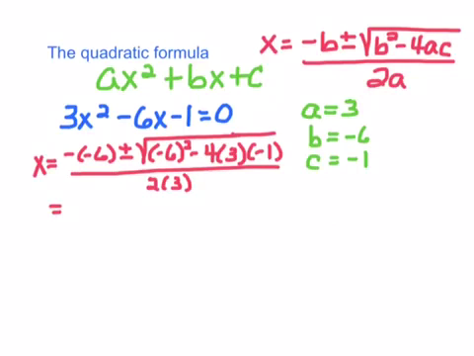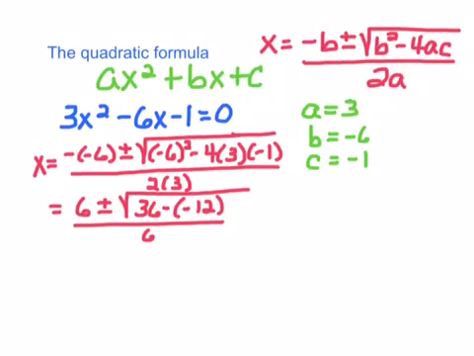The more you work with this, the faster it'll go, but I always recommend plugging in the values first and then begin to simplify. The opposite of b will be positive 6. When we square a number, whether it's positive or negative, its result will always be positive. So negative 6 squared is the same as positive 6 squared, which is 36, minus 4 times 3 is 12. 12 times negative 1 is negative 12. All divided by 6.